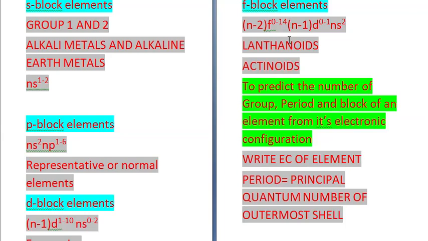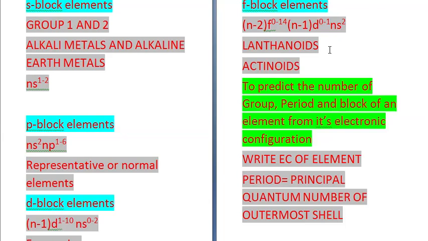Now you see over here what happens, like I told you, 4f elements. So first, 4 is the n-2 value. First 6s2 will be filled, then one electron will go into 5d, and after that 14 electrons will go into 4f, and then if there are more electrons they will fill the 5d orbital.